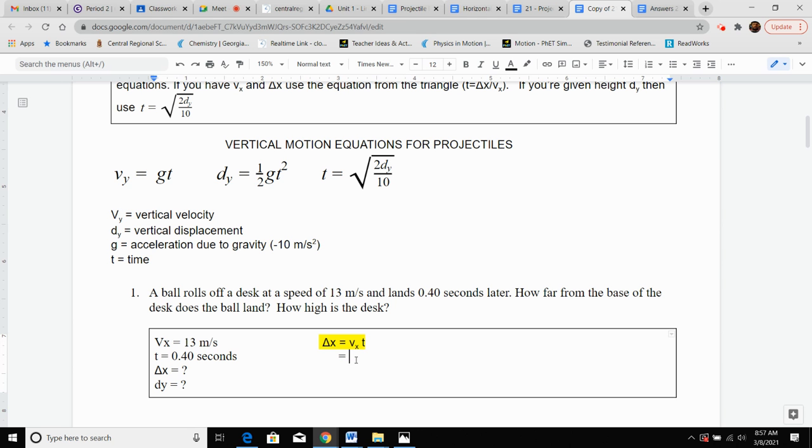It's going to be 13 times 0.4. All right, let's type that out. 13 times 0.4 comes out to be 5.2, and that's going to be meters. So that is our answer for delta x.